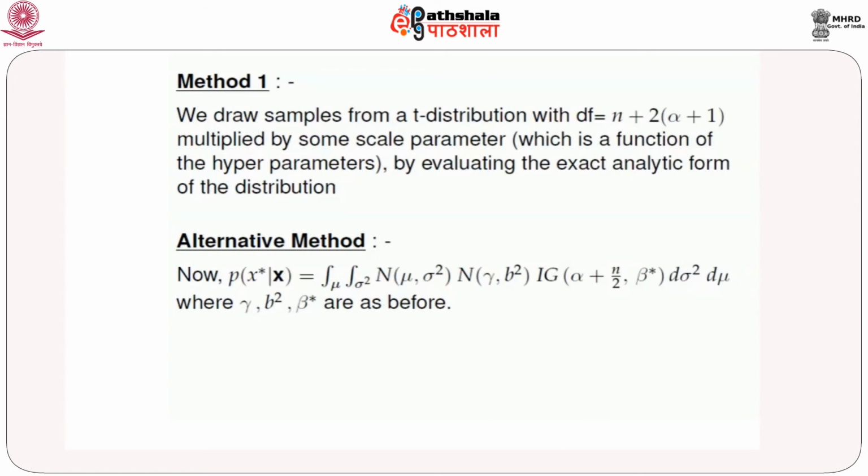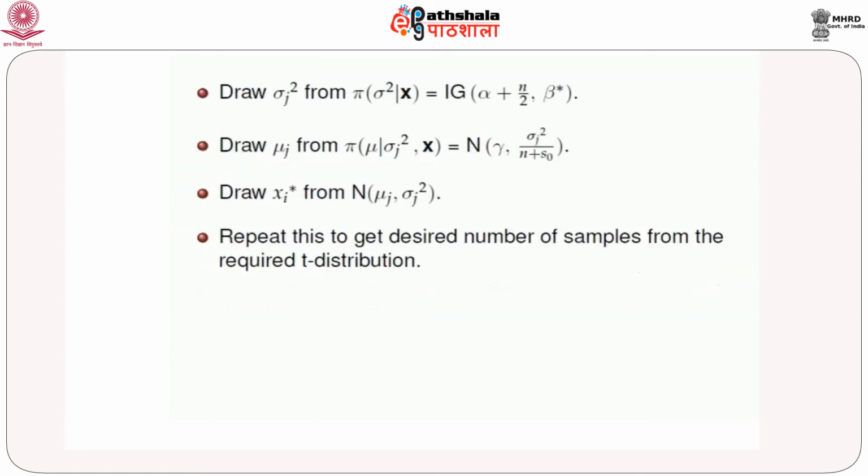In particular, here we are going to look at how to draw samples from the posterior predictive distribution from the previous example. So, the method is as follows. We draw sigma j square from the posterior distribution of sigma square given the data, that is, we draw an observation from an inverse gamma distribution with the parameters alpha plus n over 2 and beta star, where beta star is as mentioned before.